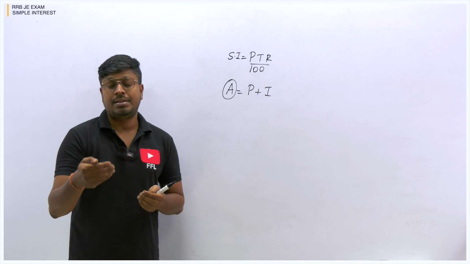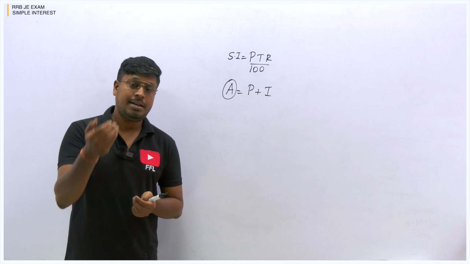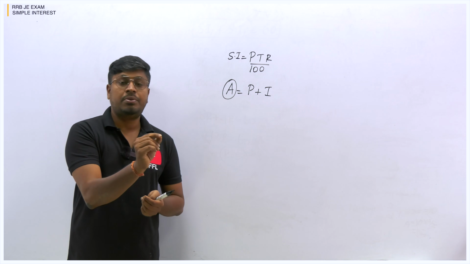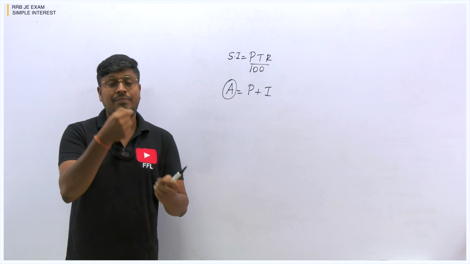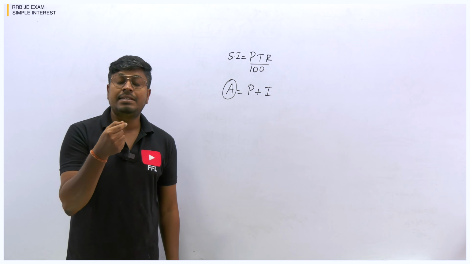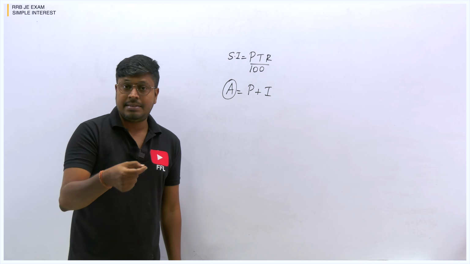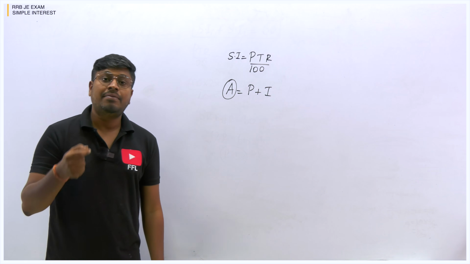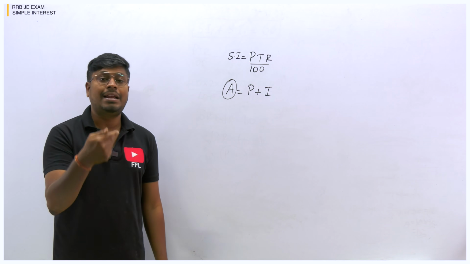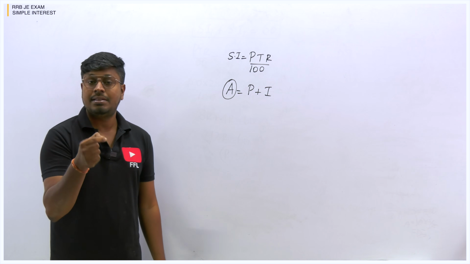And then time duration, in the PNR or PTR by 100 formula. The time duration should usually be in terms of years. For example, if they have given 6 months, write it as 6 by 12. 8 months, write it as 8 by 12. If they have given a time duration of 3 years, you can directly substitute 3. That is one major thing you have to remember.